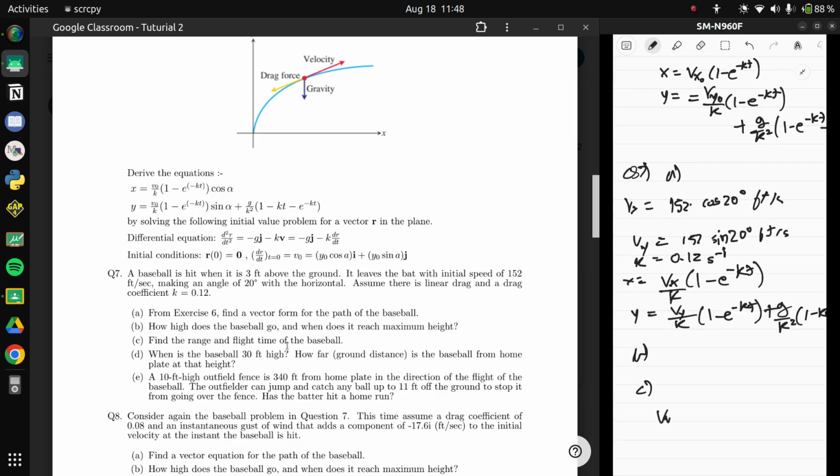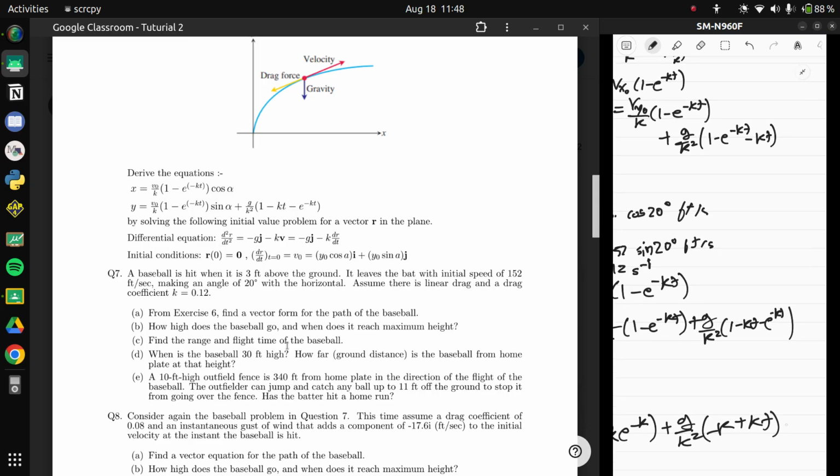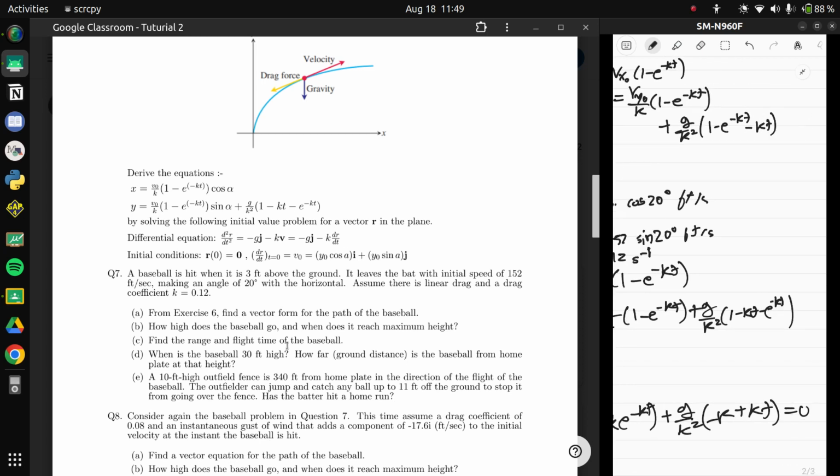So I'm just gonna see when that happens. So it's something like Vy upon k times e power negative kt plus g upon k square, just a bunch of constants. Sure, we want this to be 0. Oh, it's not plus kt, it's supposed to be e power, right?